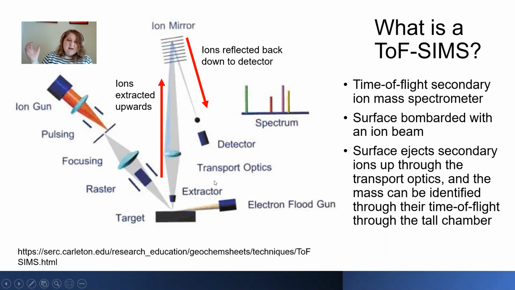The mass of the ions that were ejected can be identified based on their time of flight through this tall vertical chamber up here. And those times of flight can be turned into a spectrum of masses.